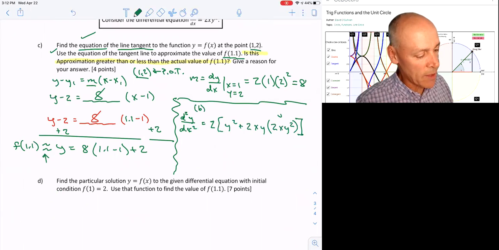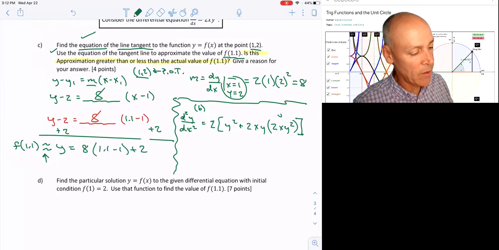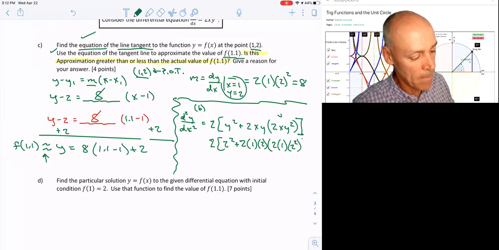Now what I'm going to do is drop in my x value of 1 and my y value of 2. So I'm just going to rewrite that real quick. So 2 times 2 squared plus 2 times 1 times 2 times a quantity 2 times 1 times 2 squared.